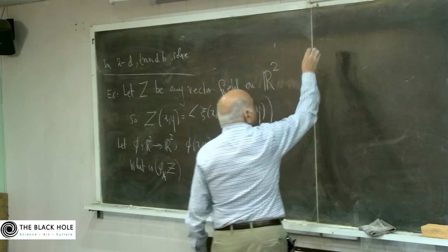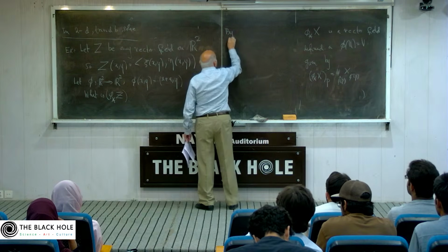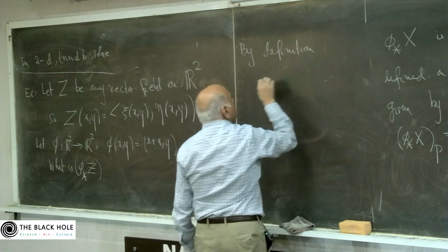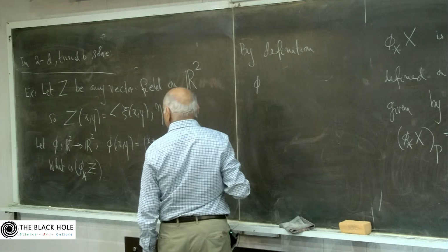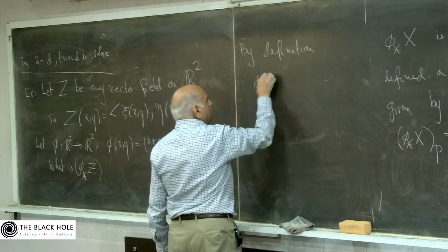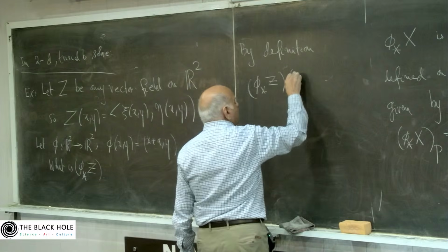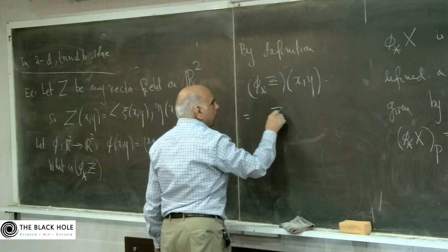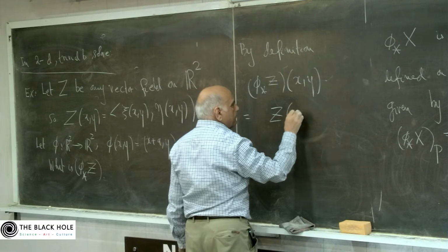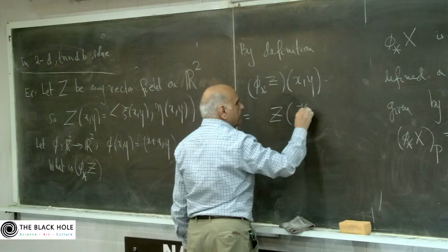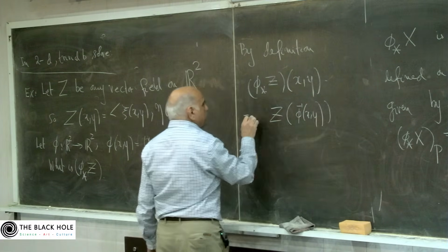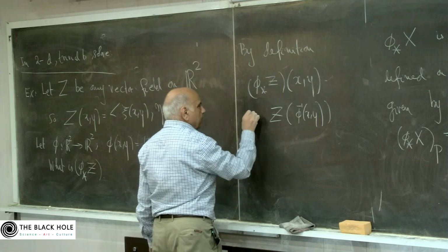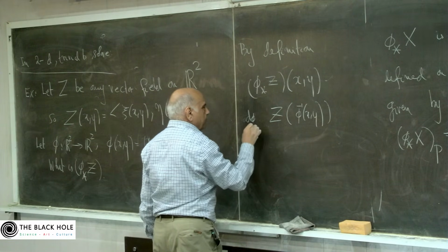By definition, phi star of Z at a point (x,y) is Z at phi inverse of (x,y), times the differential of phi at phi inverse of (x,y).